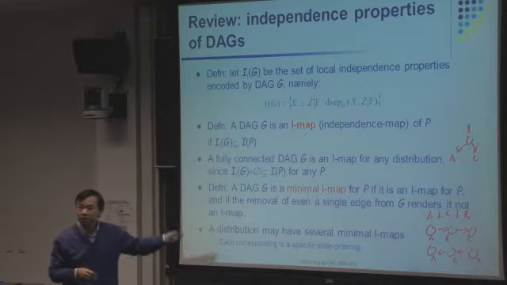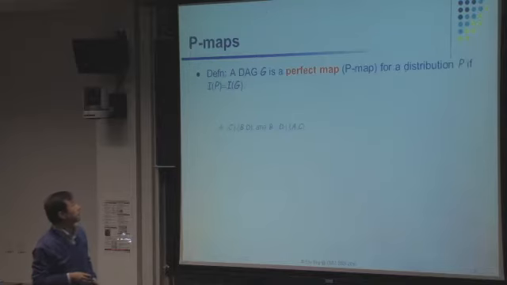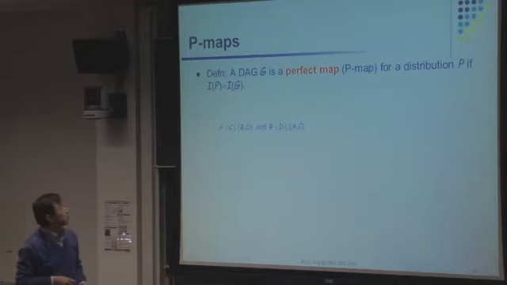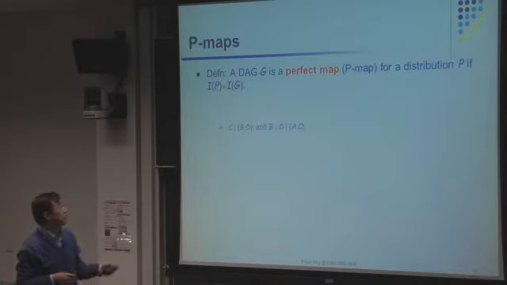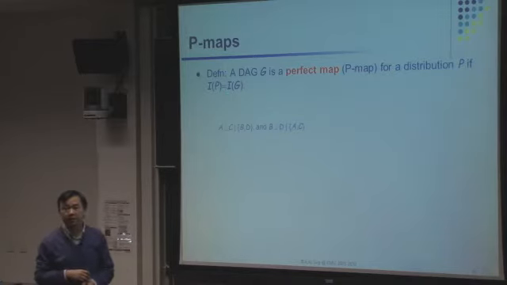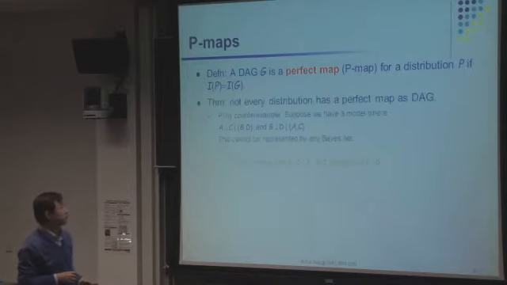All right, so that's the very quick review of what we covered last time. And now let's move to a new domain. There are some cases where ideally we want something called a perfect map, in which the dependencies encoded in the graph are the same as the ones encoded in the distribution.